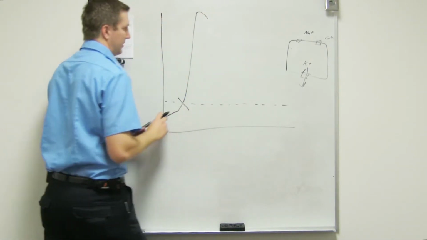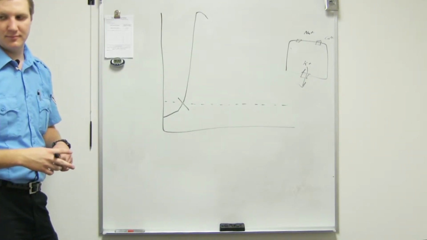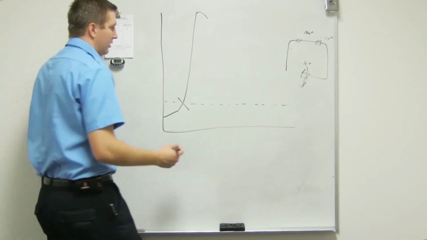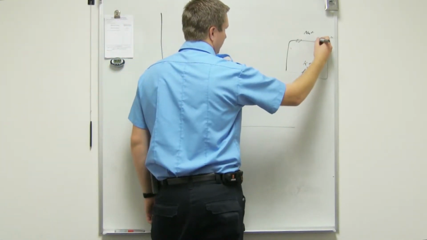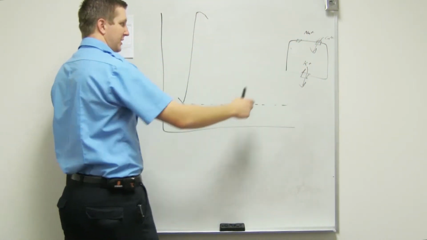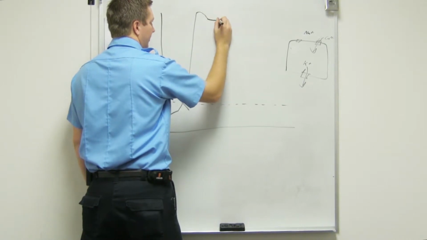Okay, so then what happens? Then the calcium channels open, which causes that plateau. Good. So calcium channels open up, and basically the amount of calcium coming in is equal to the amount of potassium that's going out. And so we get that plateau, just like you said.